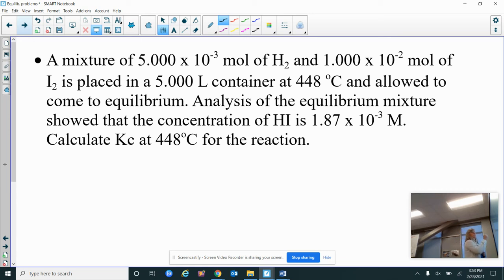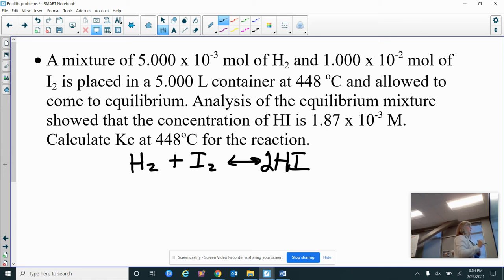All right, so our balanced equation wasn't given. So writing that, we know we have H2 plus I2 is placed into a container, and that's going to form HI, and it will have to be 2 of them. We're given just the amounts of those 2, but we're given that it's a 5-liter container. So we need to take that 5 times 10 to the minus third and divide it by 5 liters.